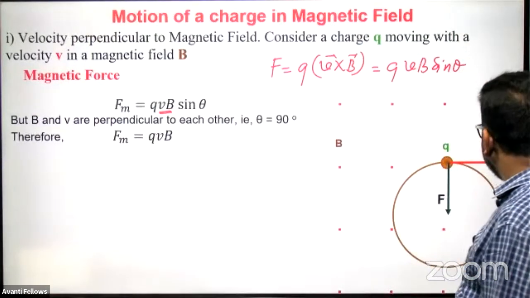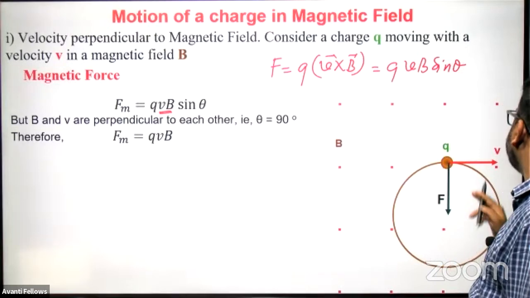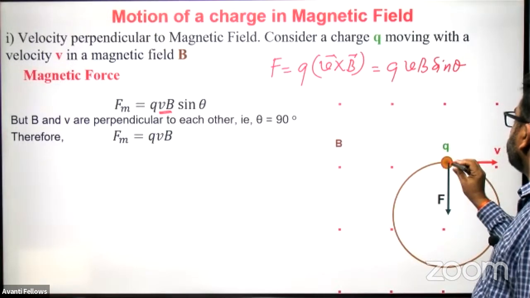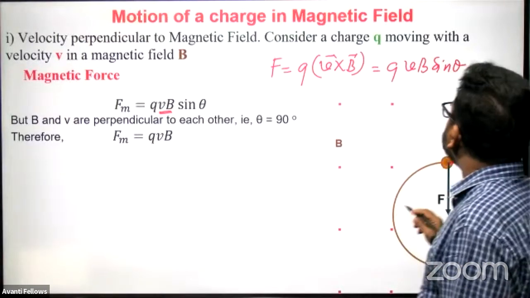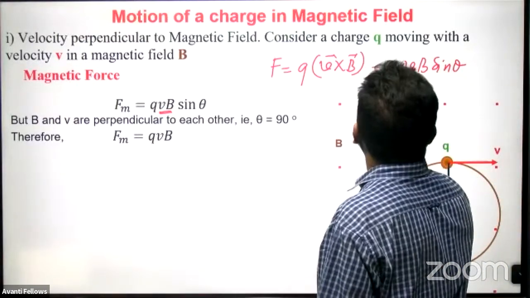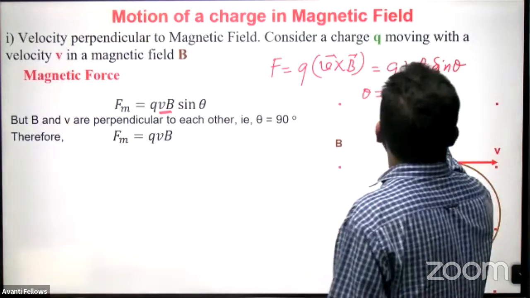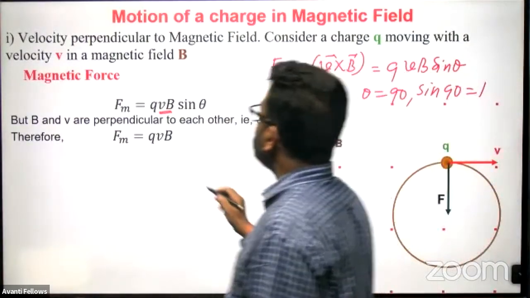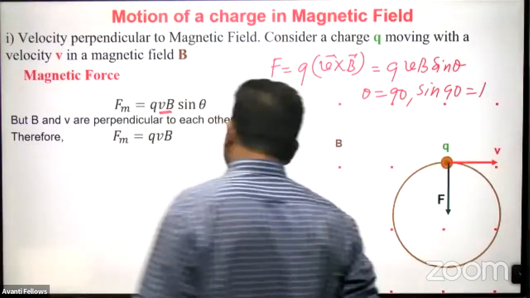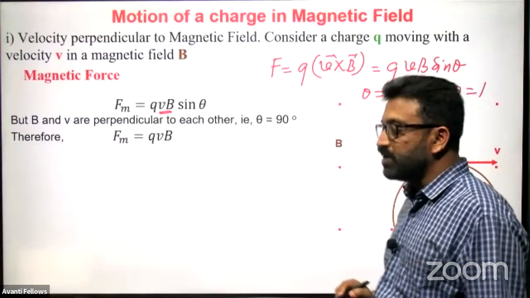The angle between v and B is either outward or inward. Now here it is outward, so the angle between v and B is theta equals 90. Sine 90 equals 1. So it is q v B. F_m equals q v B.